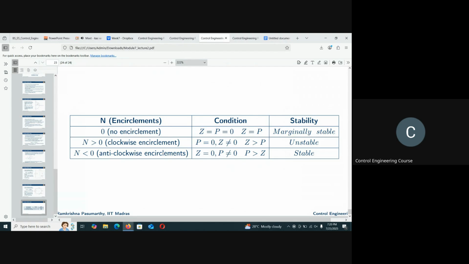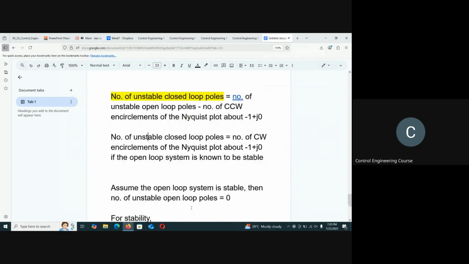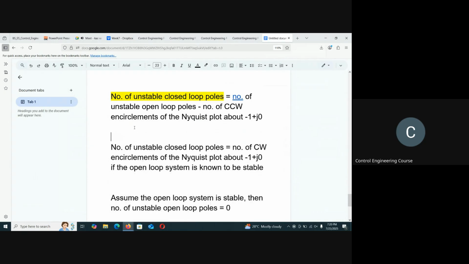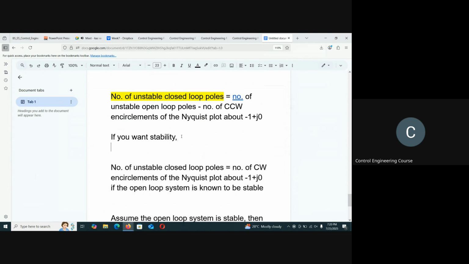So for stability, what do you want? Or another way of putting this: if you want stability, which means this yellow guy has to be 0, then what should happen?